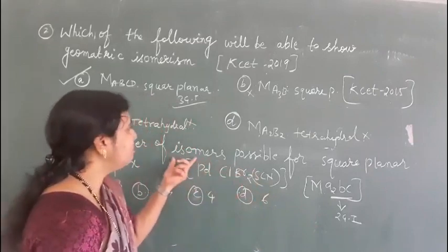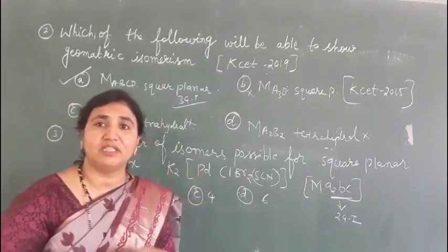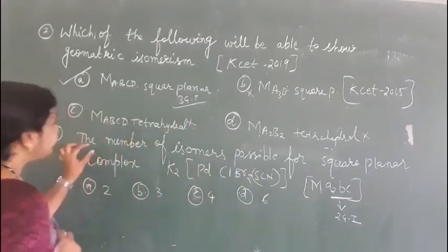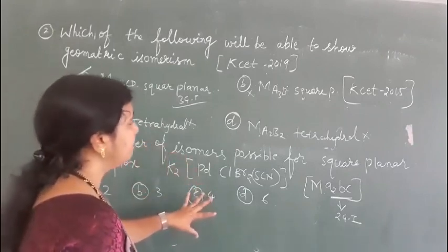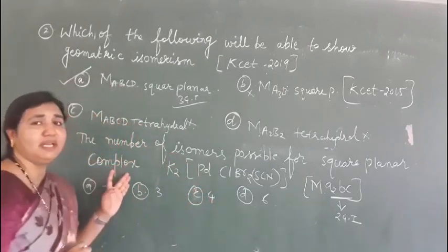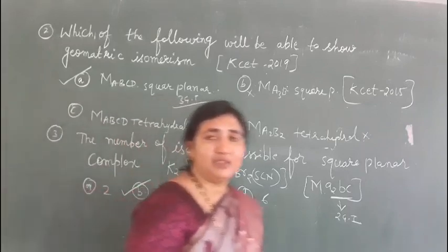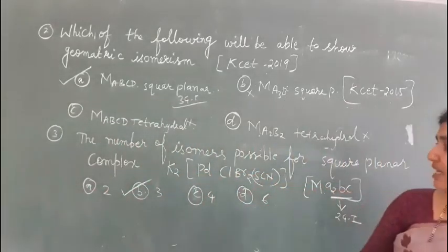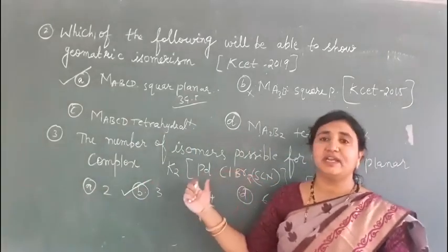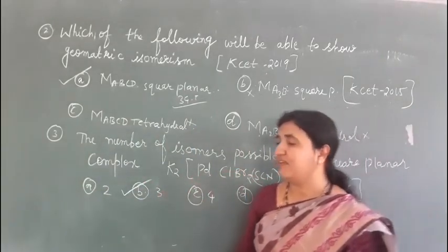They have asked for isomers, not geometrical isomers, so totally 3 isomers are possible.